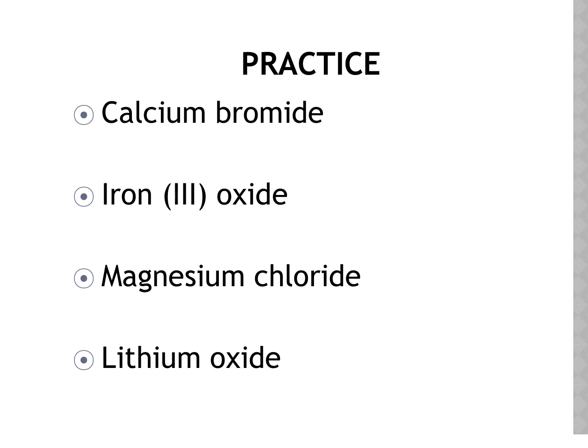All right, we're going to do a couple more practice problems. Our next one is calcium bromide. What's the symbol for calcium? Okay, and what kind of charge does it get? Calcium's in the second column, so +2. And then what's the symbol for bromide? Br. And what kind of charge does it get? Okay.